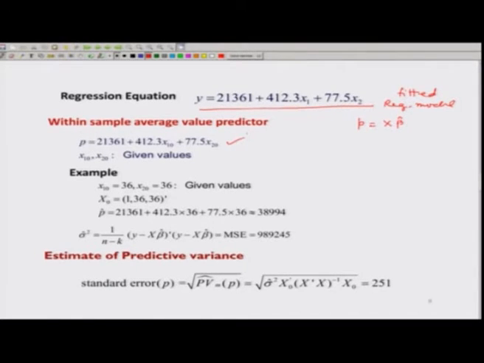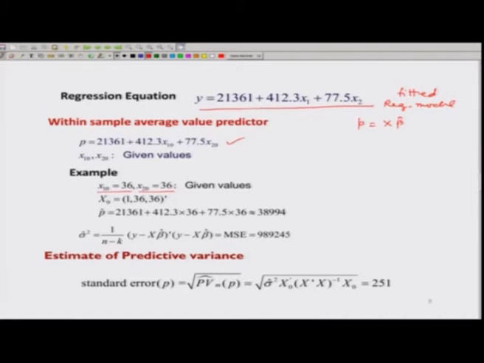Now, let us take an example and try to forecast. Suppose the value of x1 naught is 36 and the value of x2 naught is 36. That means we would like to know the demand of water when the temperature is 36 degrees centigrade and humidity is 36%, quite dry.